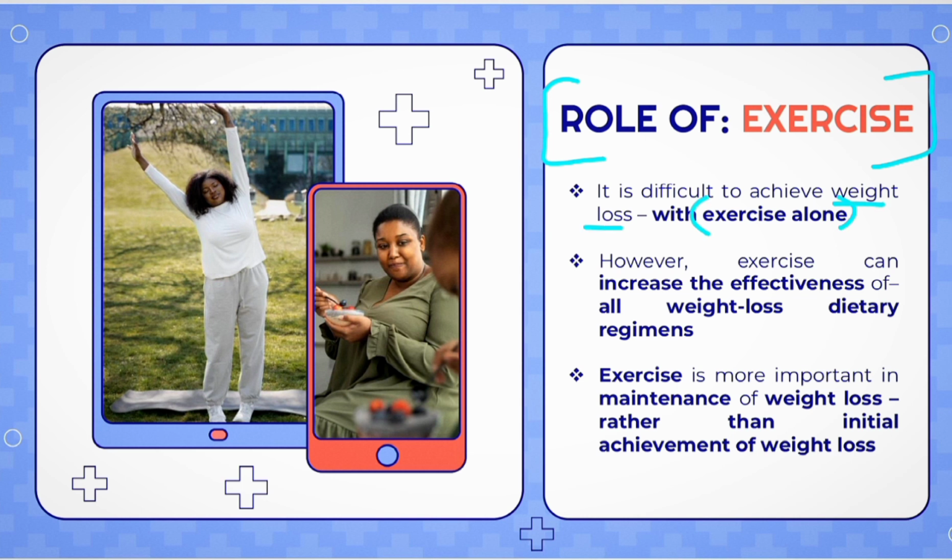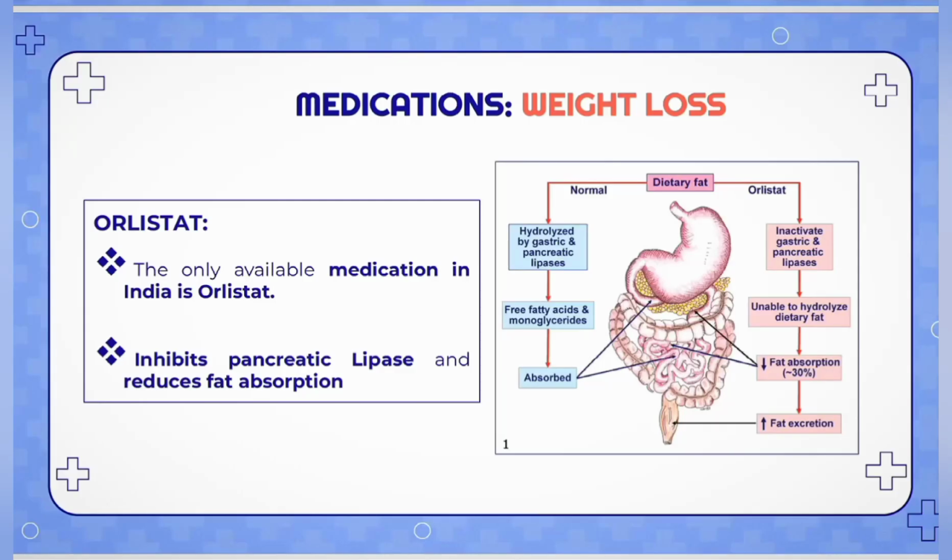However, exercise can increase the effectiveness of all the weight loss dietary regimens which we have discussed earlier, and exercise has a more important role in maintenance of the weight loss, apart from the initial achievement of the weight loss. Means exercise is more important in maintenance of weight loss.